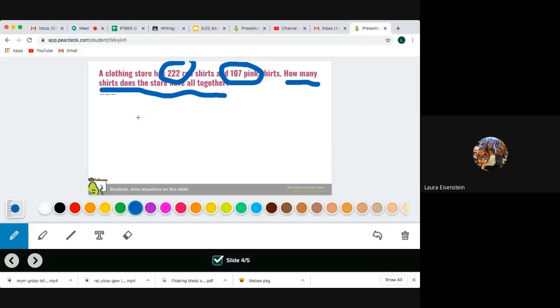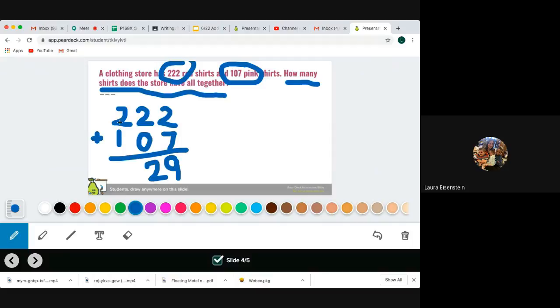Now I'm going to add. It's 3 digits, so I need to make sure that I line my numbers up correctly so that I don't make a mistake when I'm adding and add in the wrong column. Sorry, it's a little hard to write with my mouse. 2 plus 7 is 9. 2 plus 0 is 2. 2 plus 1 is 3.